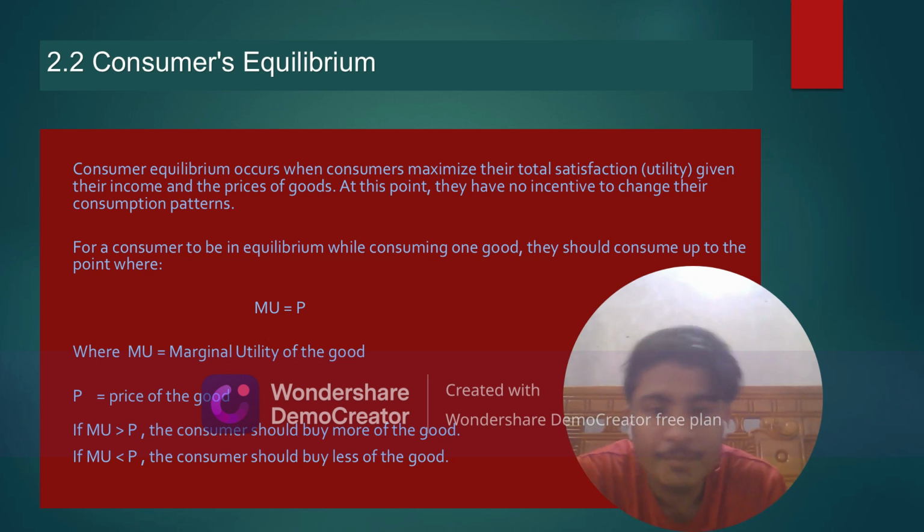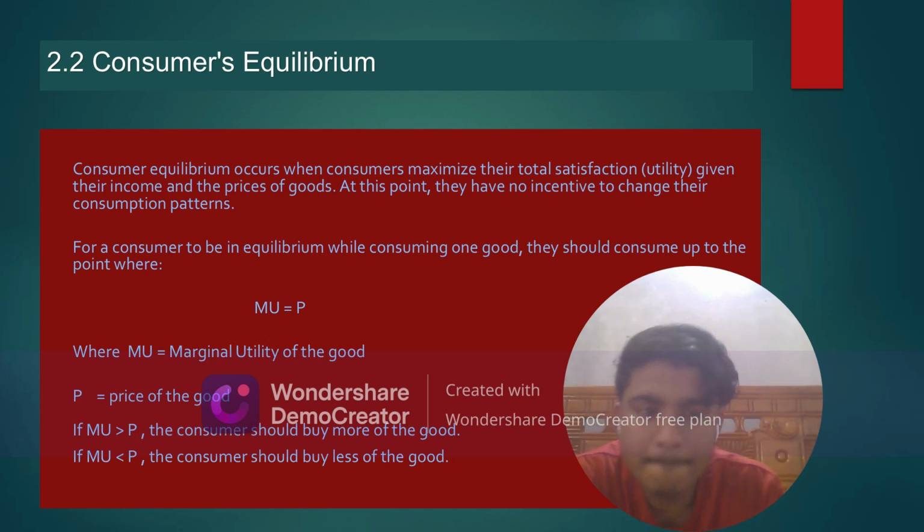When marginal utility is greater than price, the consumer gains more satisfaction from the good than it costs, so they should purchase more. When marginal utility is less than price, the cost of the good exceeds the satisfaction it provides, so they should purchase less.